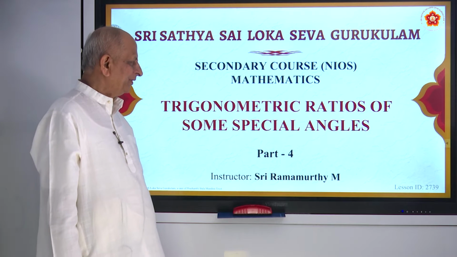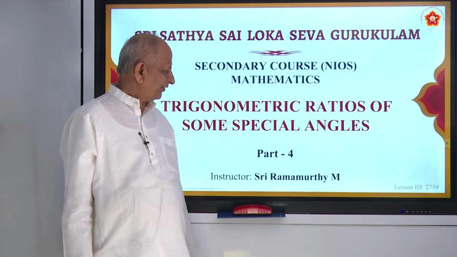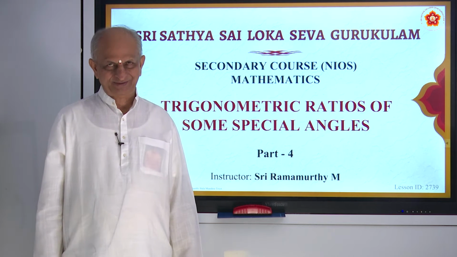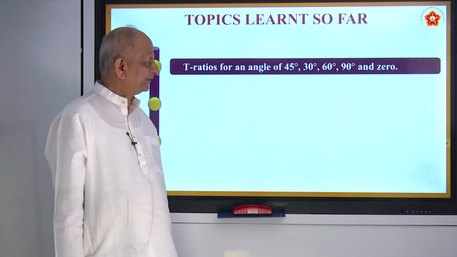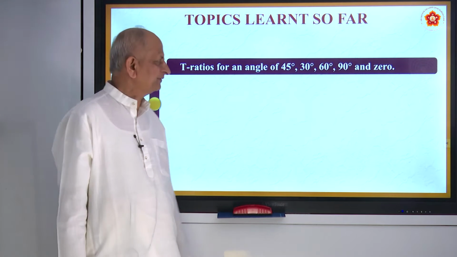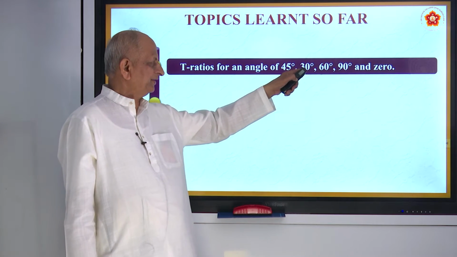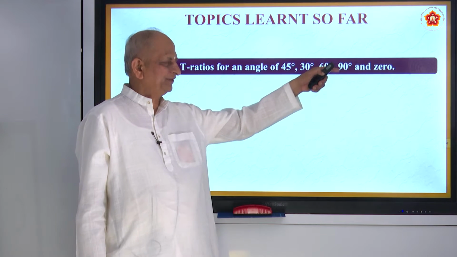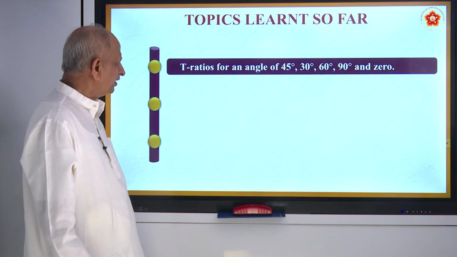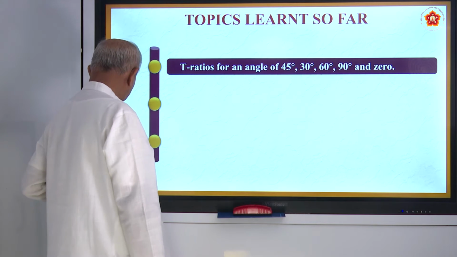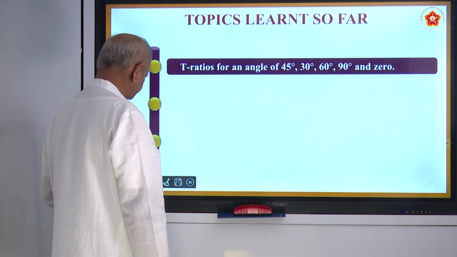And we are studying about the trigonometric ratios of some special angles. What we have seen in the previous class, special angles means 45 degrees, 30 degrees, 60 degrees, 90 and 0, with reference to the 6 ratios. What are 6 ratios?